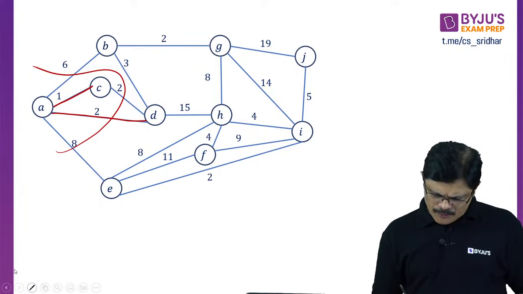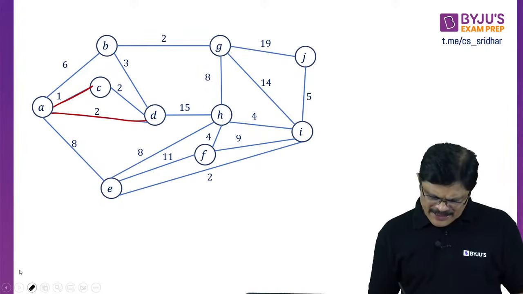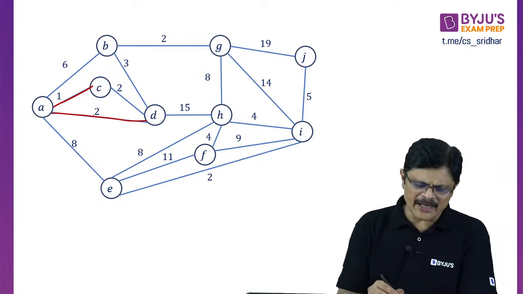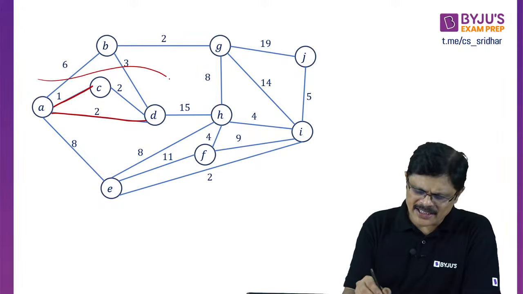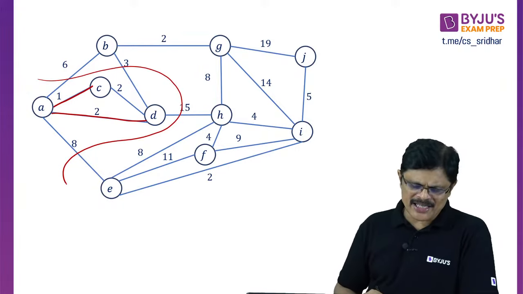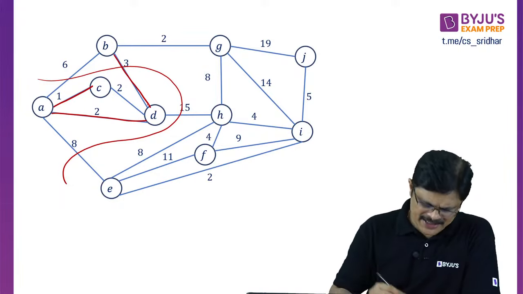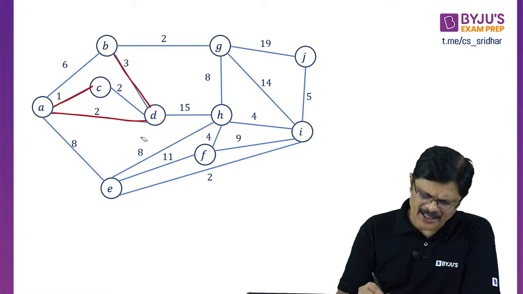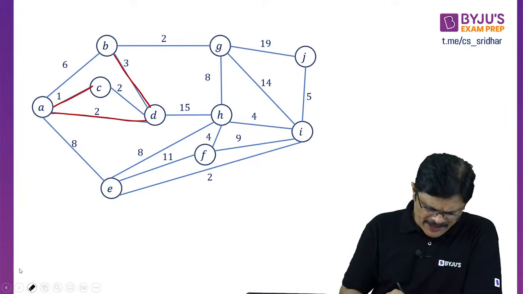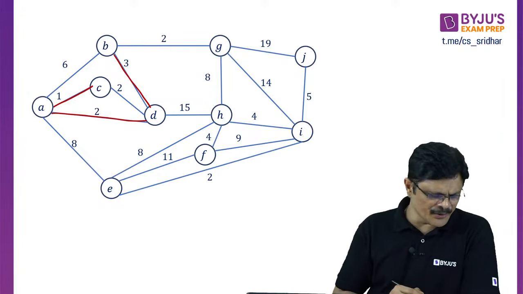So now what happened? You erase this. Now next, again you create a cut, separating these from the others. See, this is the cut. In this, what is the least cost edge? 3. 3 is the least cost edge. Select it and remove this. Now separate this from the remaining one. Am I clear? Because AB are already connected, you don't have to.